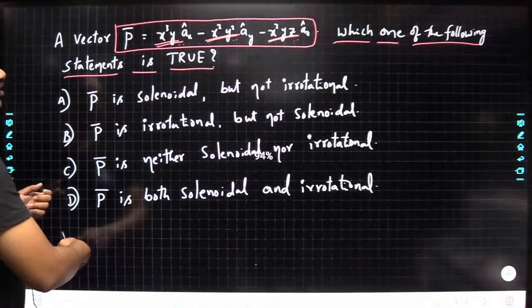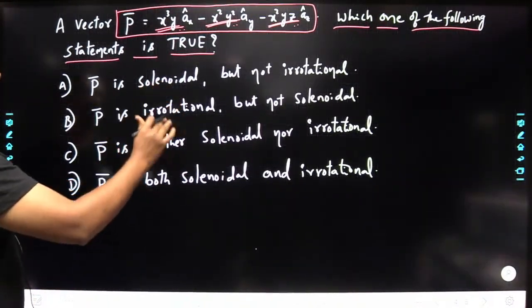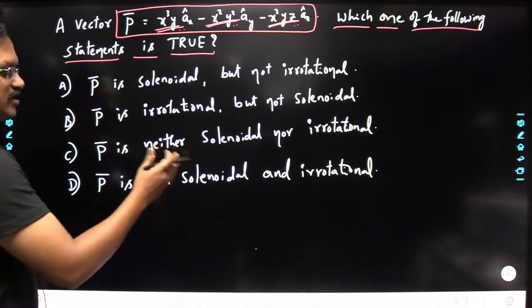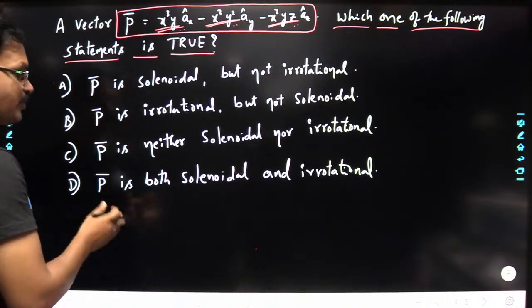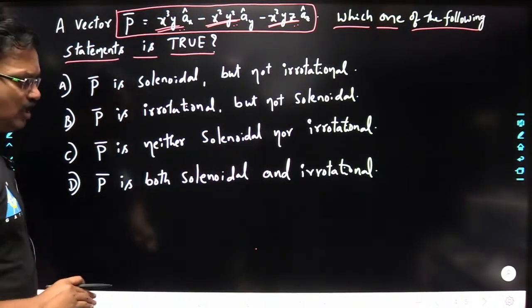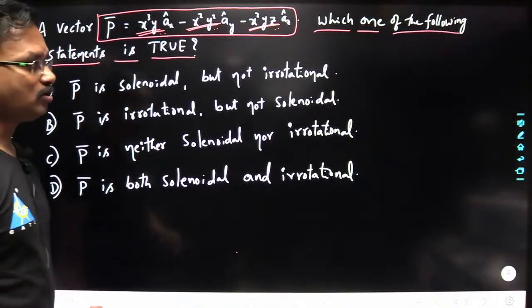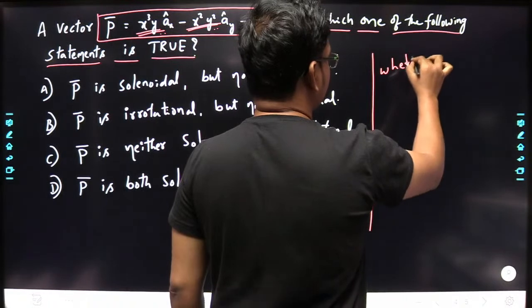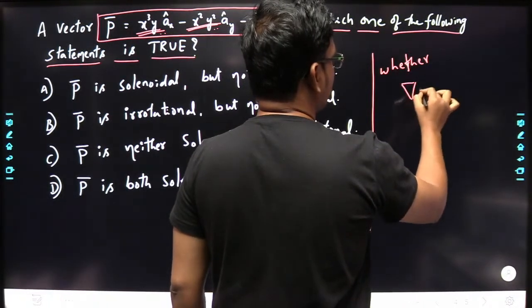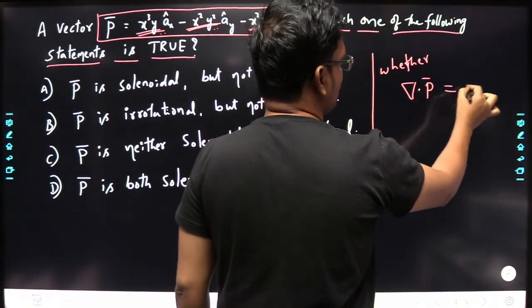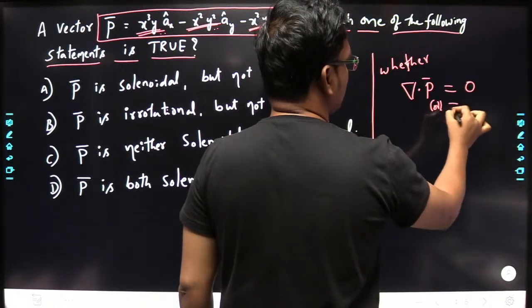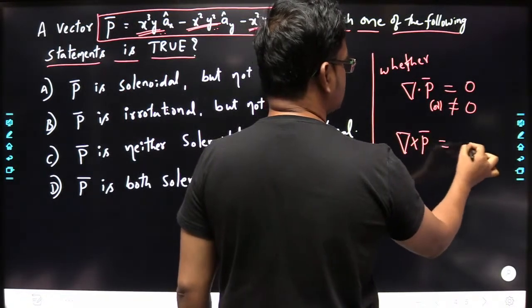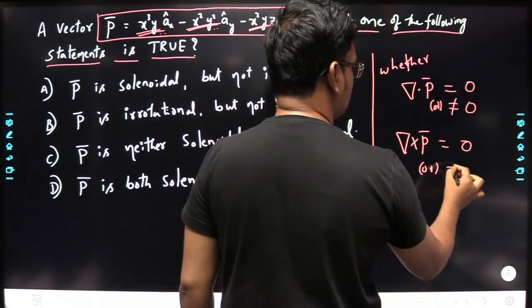Okay, so what have they given here? P bar is solenoidal but not irrotational. P bar is irrotational but not solenoidal. P bar is neither solenoidal nor irrotational. P bar is both solenoidal and irrotational. So that means you have to determine whether the divergence of P bar is equal to 0 or not equal to 0, and also whether the curl of P bar is equal to 0 or not equal to 0.